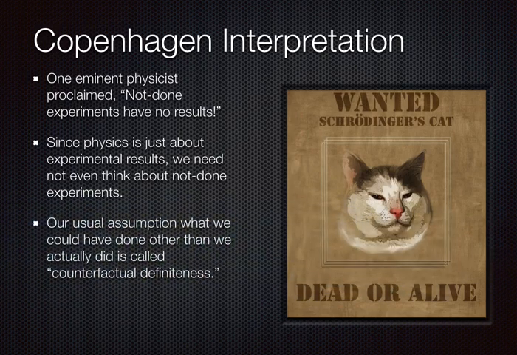Our usual assumption that we could have done other than what we actually did is called counterfactual definiteness, which I usually say counterfactual definitiveness. And we're going to hear more about this. But if I say counterfactual definitiveness, that's what it means. If I drop this and let it go and turn around, I assume that it fell.